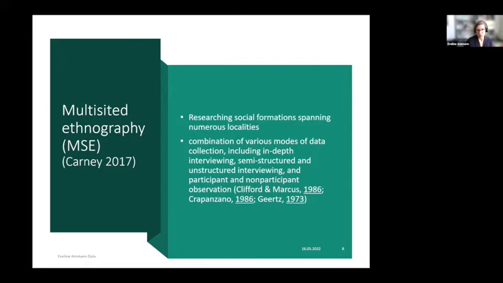So it's not just one method, it's a combination of various methods of data collection, not just observation, but also structured and unstructured interviewing, participant and non-participant observation. So it's very linked to ethnography.